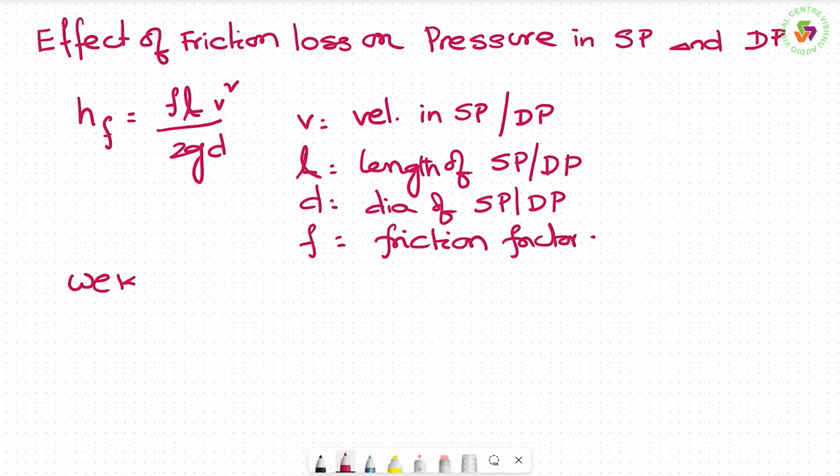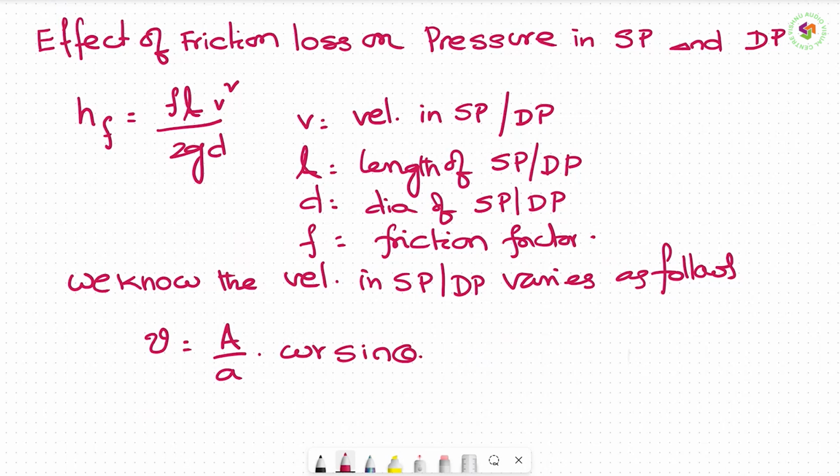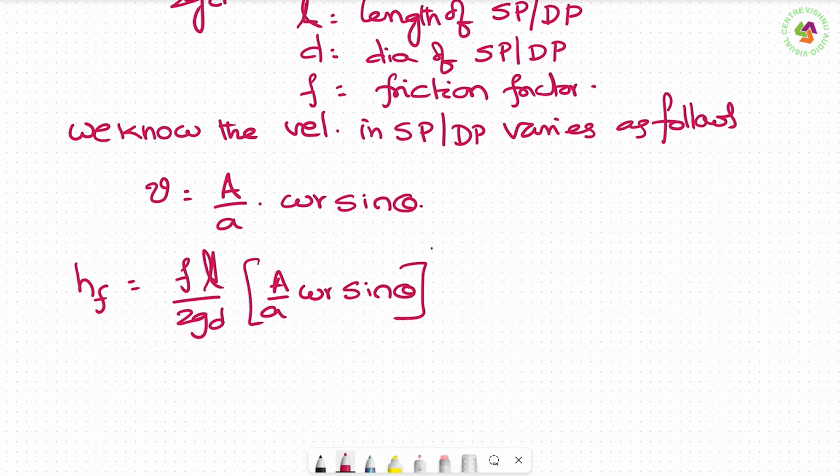We know the velocity in suction pipe or delivery pipe varies as follows. Small v is equal to A by a omega r sine theta. Therefore, hf is equal to f l by 2 g d into A by a omega r sine theta whole square.